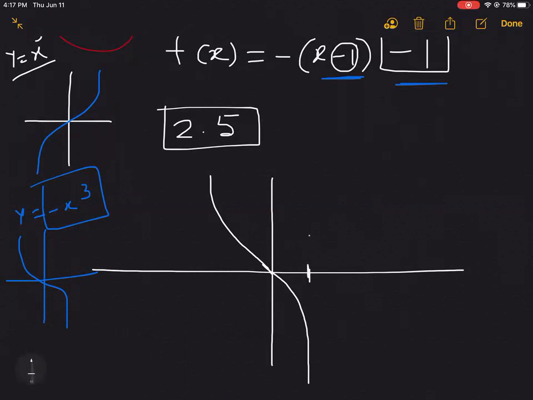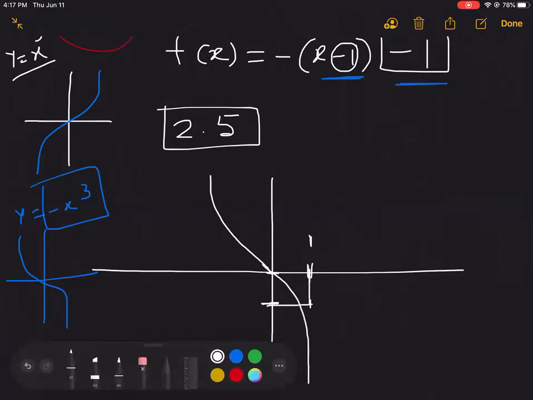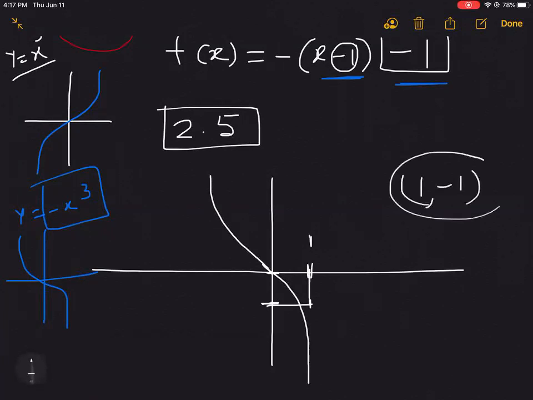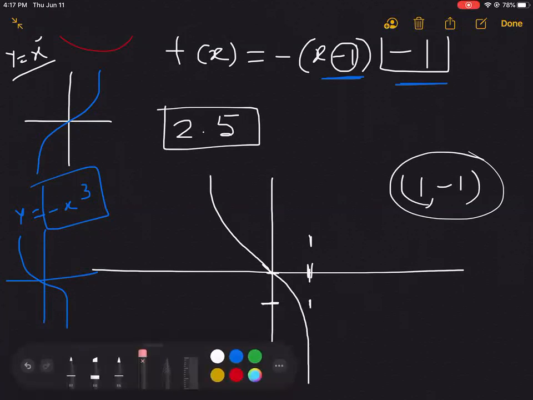This is our 1. And again, instead of 0, we'll go down 1 here as well. That's where the point 1, -1 is, because we are changing our position by this. So let me erase this. Now our new graph will look like this.